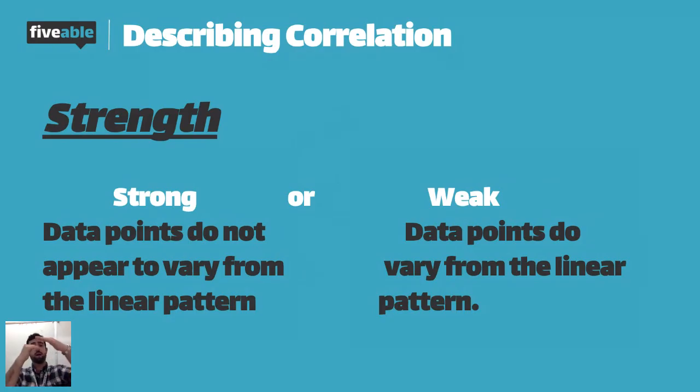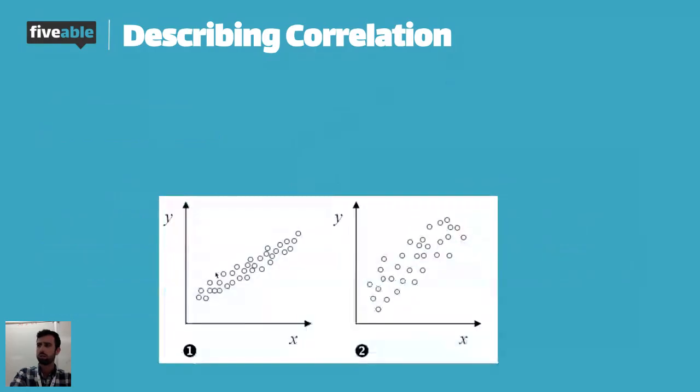So if they're spread out, if there's a lot of variance or a lot of spread, you say the strength is weak. If the data points are tightly together or the range is small, you would say the strength is strong. It's a strong correlation. Let me show you some examples of different correlations. This first one would be a strong correlation. We're clearly seeing very little variance or spread between data points.